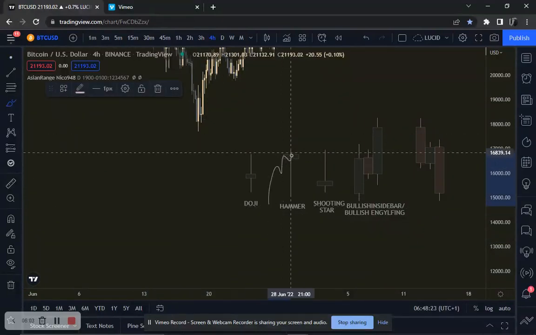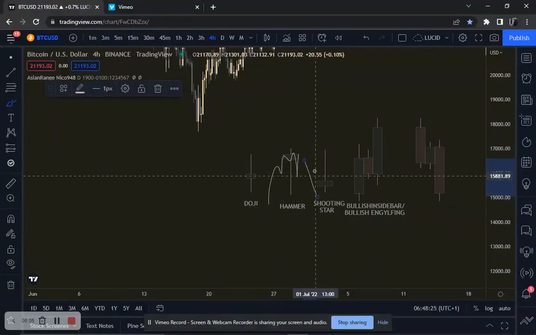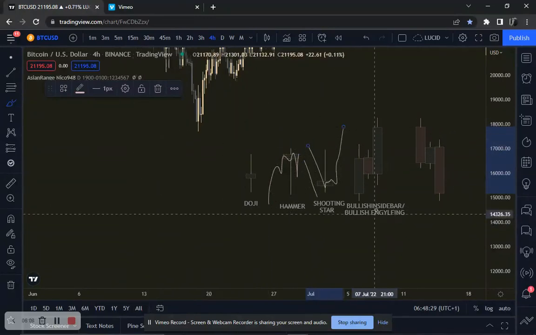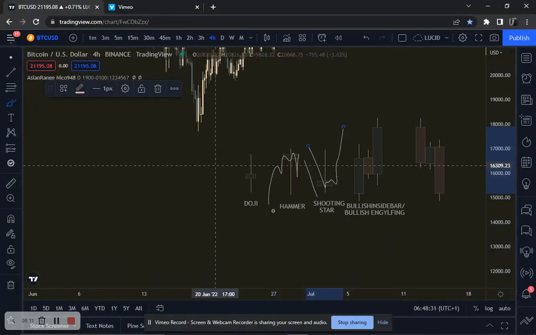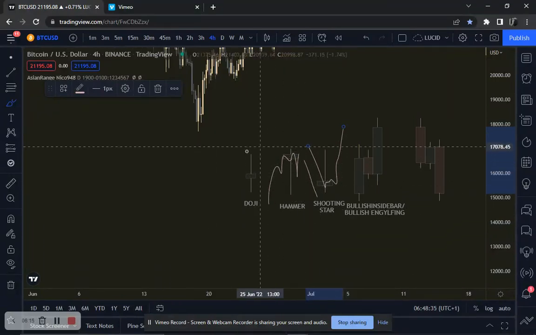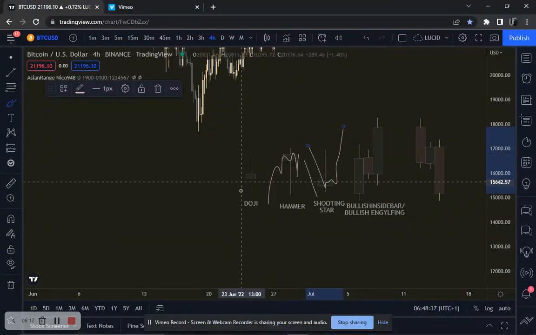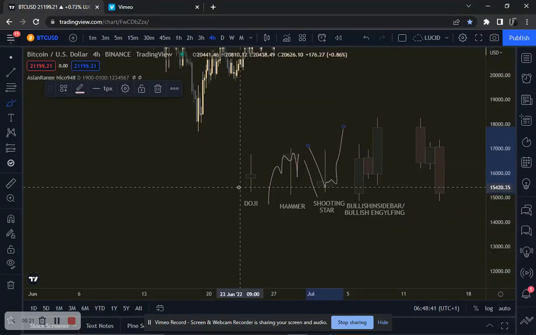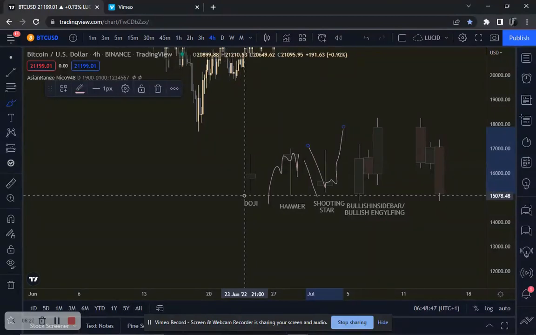We expect an uptrend to a downtrend, shooting star downtrend to an uptrend. Depends on where you find these candlestick patterns on the market. You can find them at a support zone or resistance zone. They are all the same thing. If you see a doji at a support zone, it means buy. If you see a doji at a resistance, it shows that price has high chances of dropping, right?